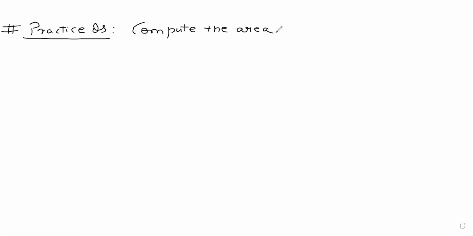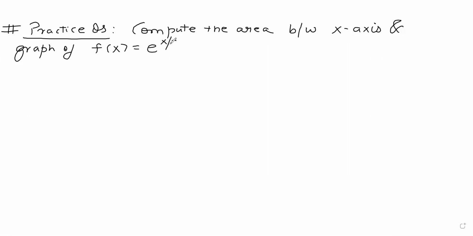Compute the area between the x-axis and the graph of f(x) equal to e to the power x by 3 minus 3 over the interval 0 to 3 ln 3.